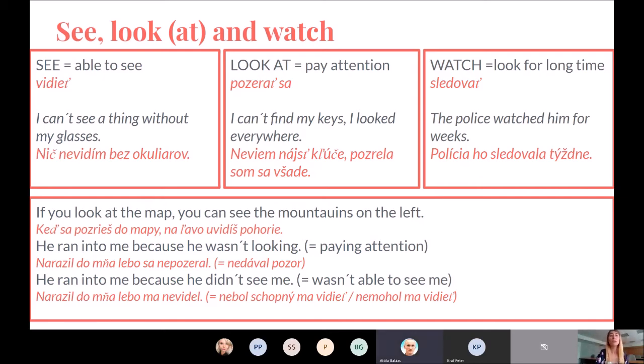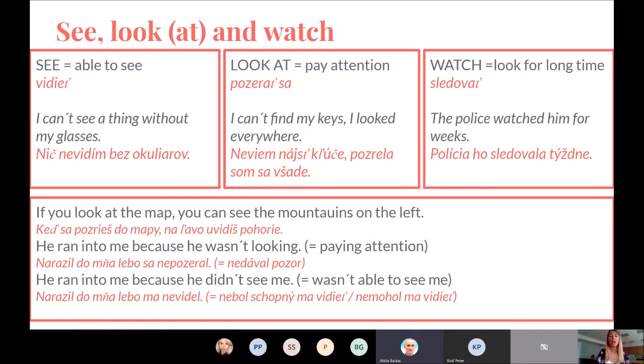But to simply say, I am just looking, nothing behind that, just say, I'm just looking. But if I say, I am just looking at these clothes, or I'm just looking at the pictures, use the preposition. Is it clear? Thanks. Yes, thanks. Okay.